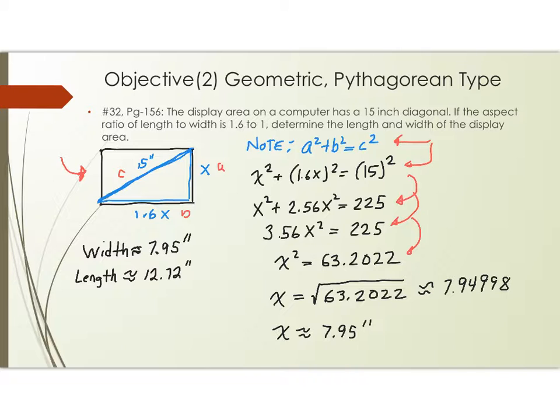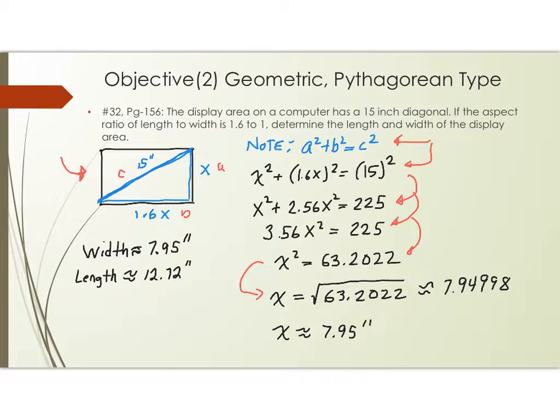And now I take the square root of both sides of the equation, and here I will not have a minus. Usually when I take square roots I get a plus or minus, but the minus doesn't make any sense because length cannot be negative.